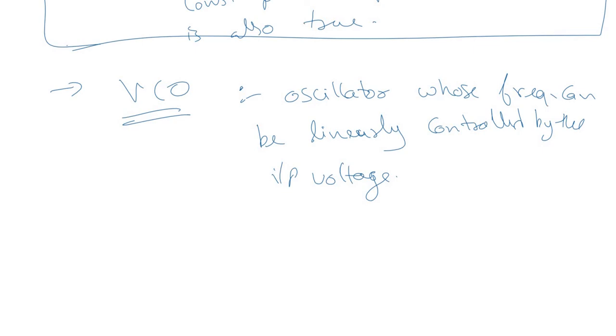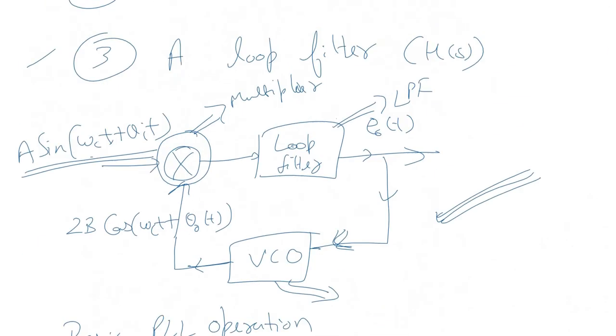Now let us see the working of it. So if a VCO input voltage is, let's say, E0(t), this E0(t) is the input voltage to the VCO as shown in this diagram.